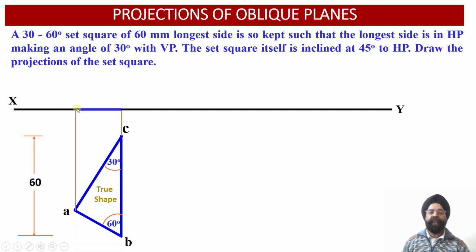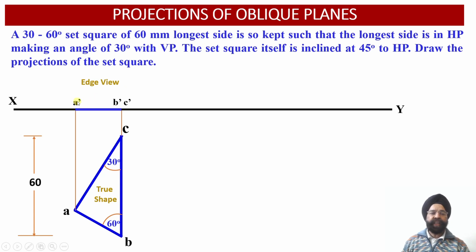So we will obtain the edge view projections of this lamina as we look at it from the front side. The front view projections, as obtained on the XY reference line, provide us with the edge view projections of this lamina on the vertical plane.